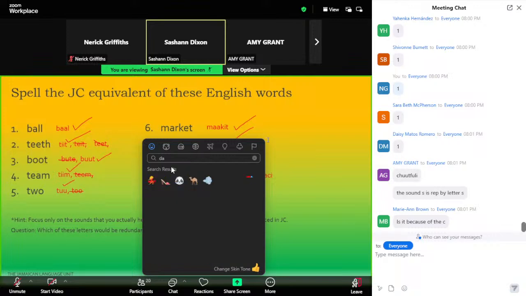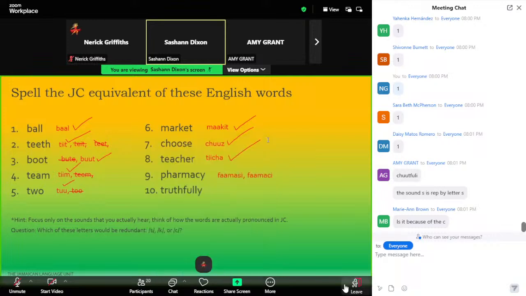So there is no need for the C. That's the only difference between these two, the S or the C, and we are ruling out option 2. So the ancestors were right, Neri. Option 1.